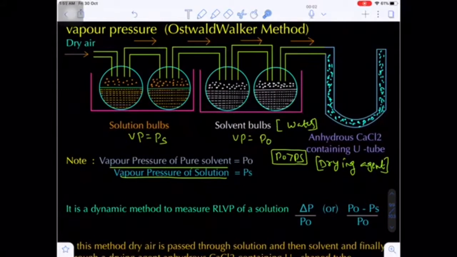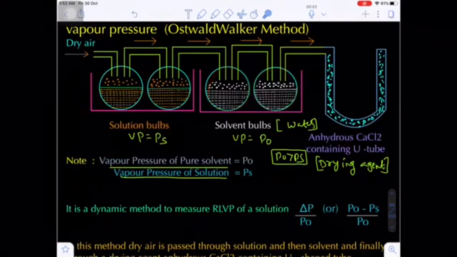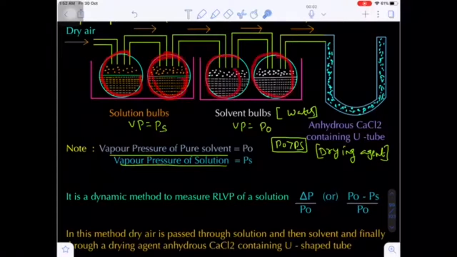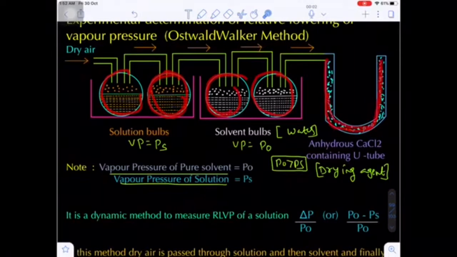Because the weight of a solution bulb before and after the experiment definitely changes, since after the experiment some of the vapor in the solution bulb will be replaced by the dry air. Due to which the weight of a solution bulb after the experiment decreases. Similarly, the weight of a solvent bulb also decreases after the experiment. Now, there is a loss in the weight of the solution bulb, and also a loss in the weight of the solvent bulb. And the loss in the weight of the solution bulb and solvent bulb will be equal to the gain in the weight of the U tube.